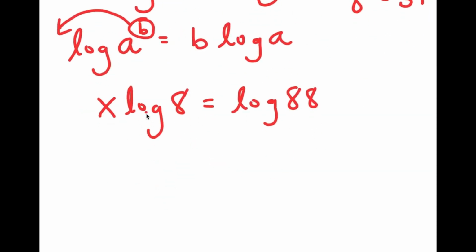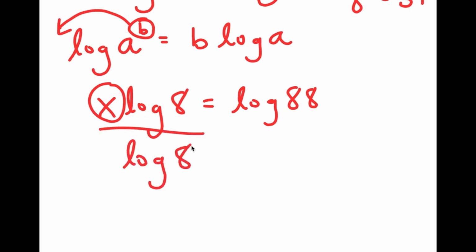So now I have x times log 8 is equal to log 88. And I want to isolate x because that's what I'm solving for. So I'm going to get rid of this log 8 by dividing both sides by log 8.